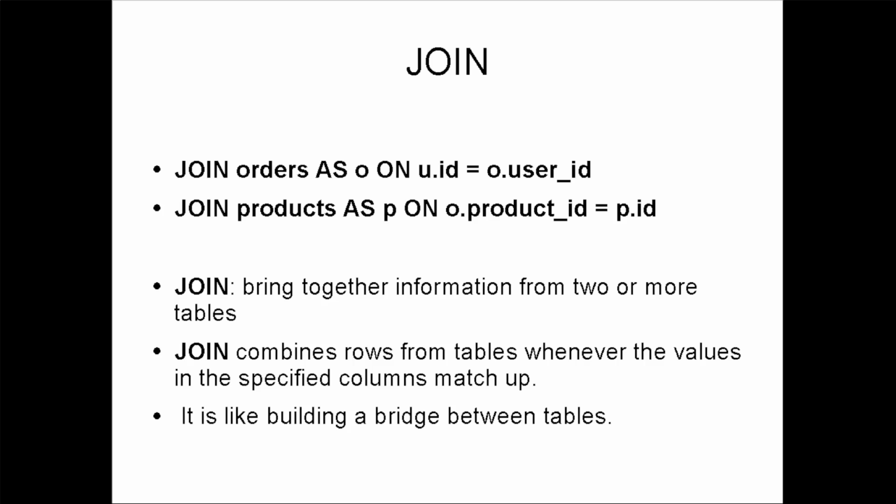In our example, we linked users to orders using a user ID, and then orders to products using a product ID. It is like building a bridge between tables, letting you pull out a bigger picture, like who bought what and when, without having to manually stitch it together. At its core, a join is about relationships.